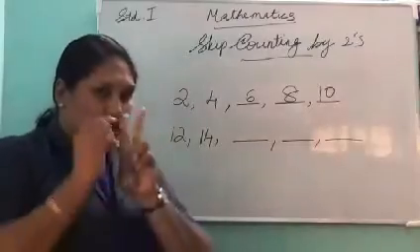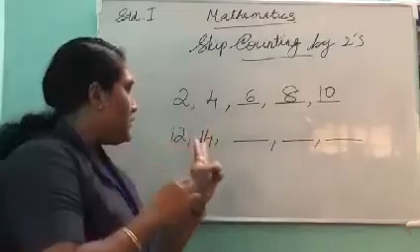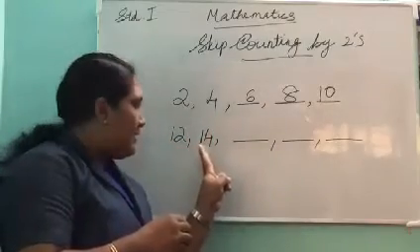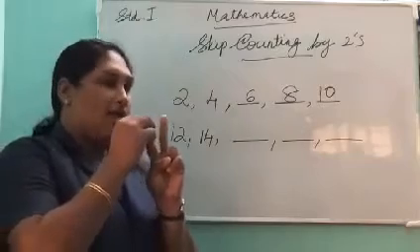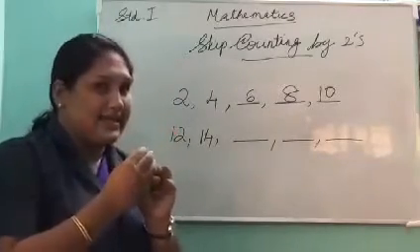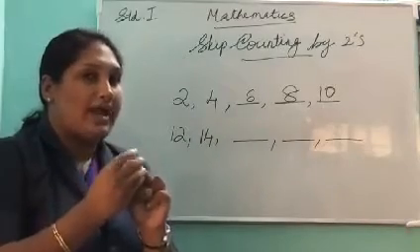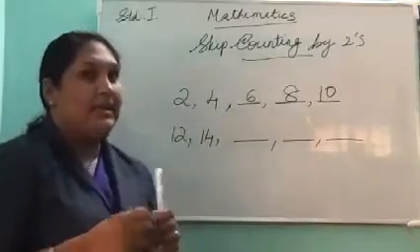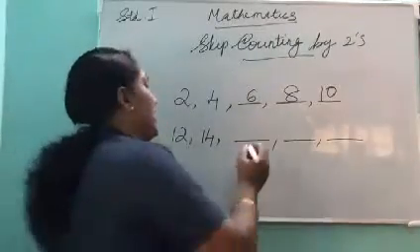You have to take 2 fingers and count from 15, because 14 is the first number here. 15, 16. And which number do you write? You write 16, because we are skipping number 15.